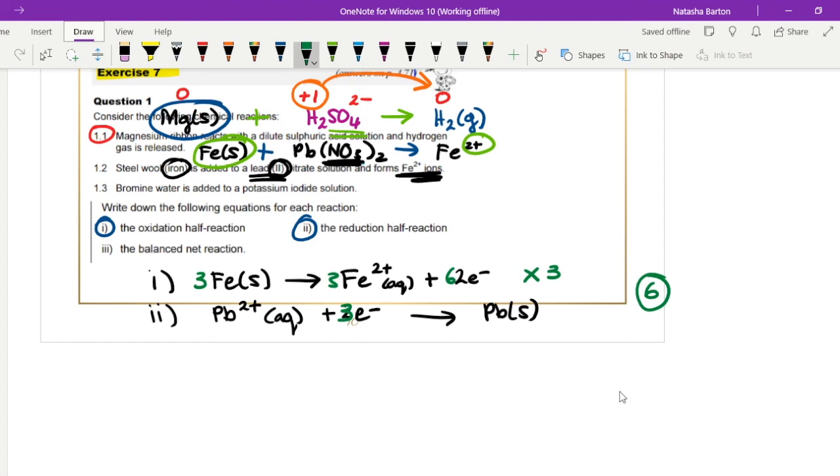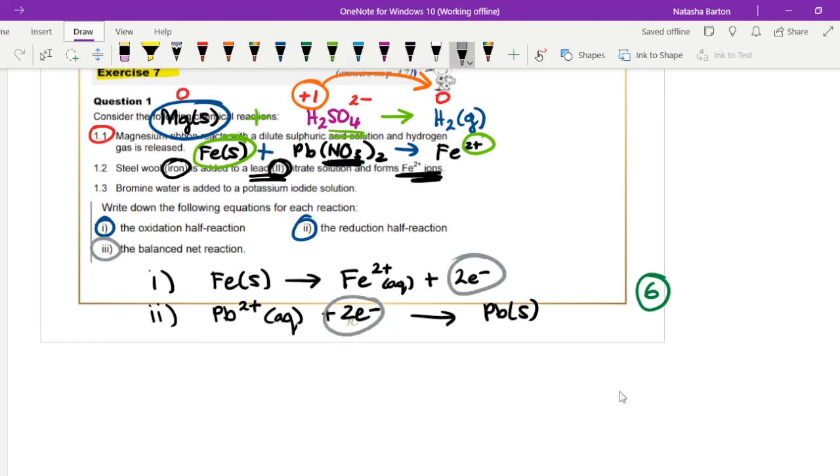We'd multiply the bottom by 2 and then end up with 6 to balance the electrons, and then we would go on to the next step. So that is what happens when the electrons are not balanced. Just a reminder, that is grade 11 work, but it is done towards the end of the year, so you guys tend to study that a bit less. So now we can go on to question number 3.